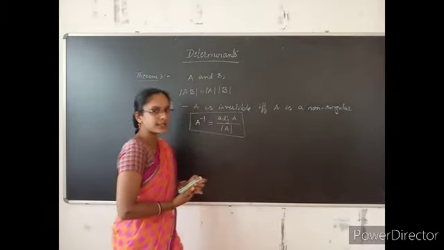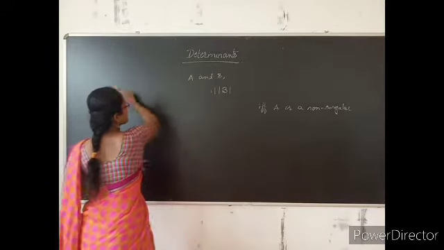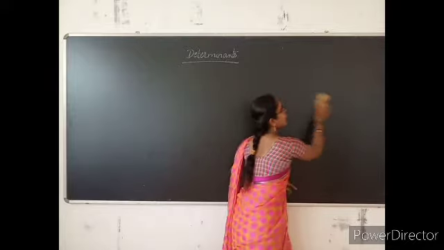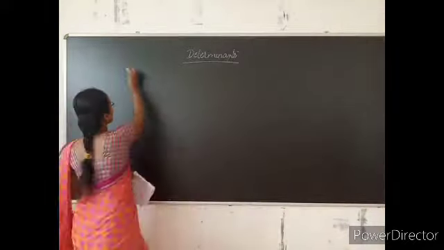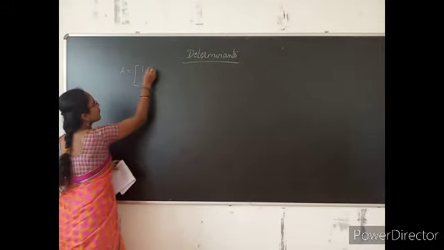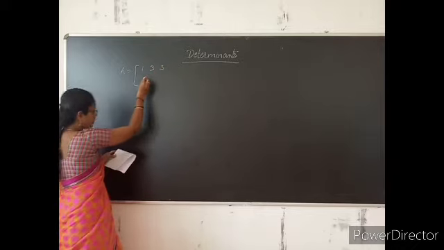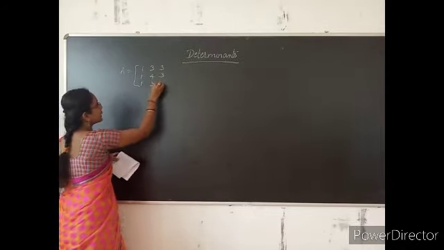So let's see some examples based on these results. The first problem says, for a square matrix of order 3 by 3, A is equal to 1, 3, 3, 1, 4, 3, 1, 3, 4.